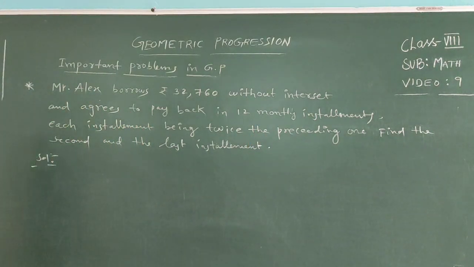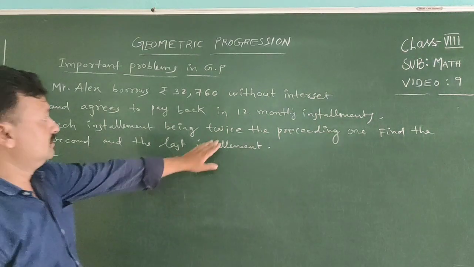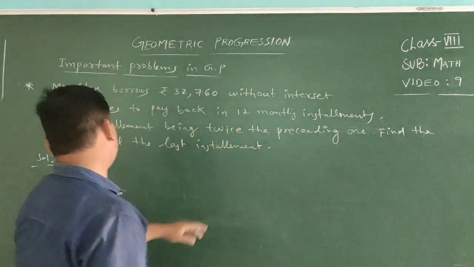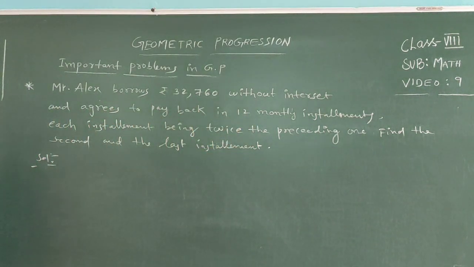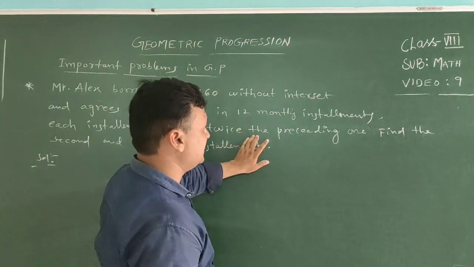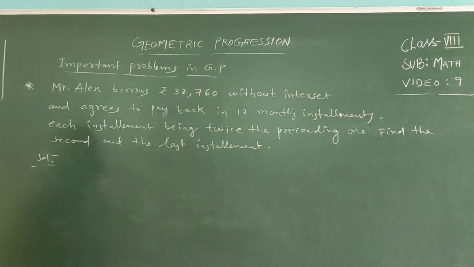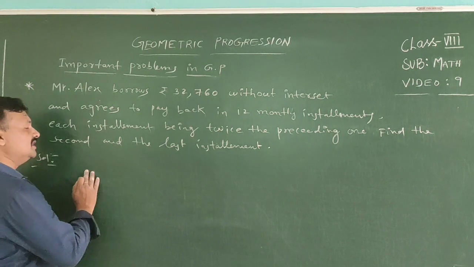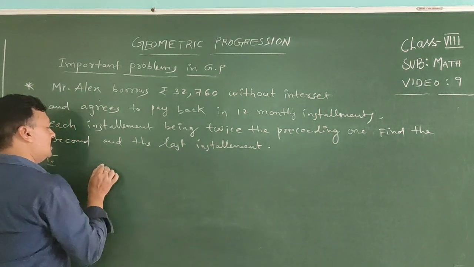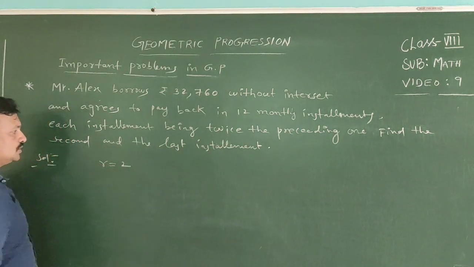Mr. Alex borrows 32,760 and he agrees to pay in 12 installments without any interest. Here each installment is twice the preceding one, which means R equal to 2.